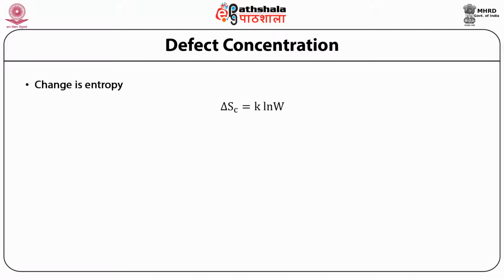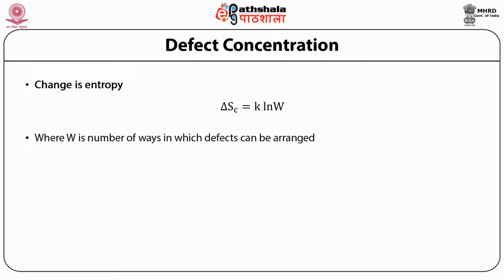The change in entropy, delta SC, is given by delta SC is equal to k ln W, where W is the number of ways in which the defects can be arranged.